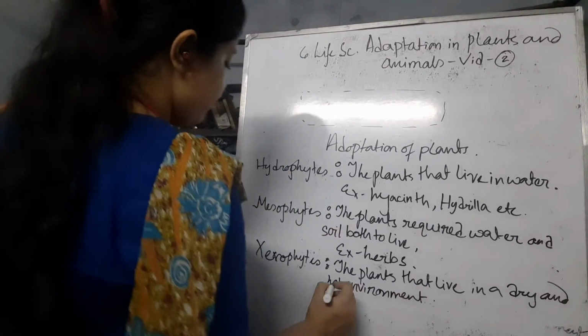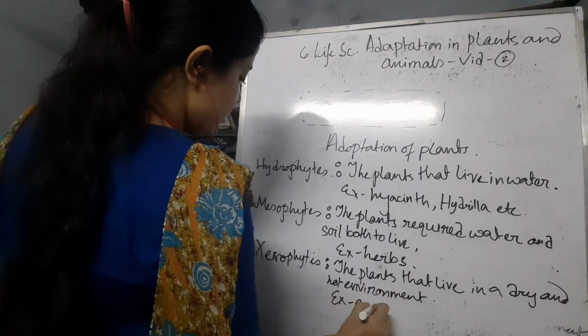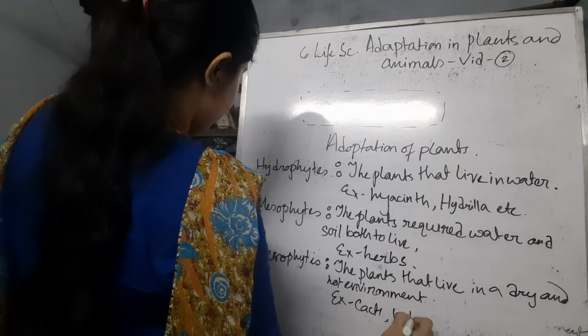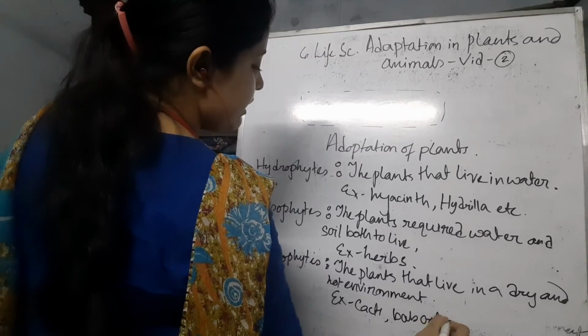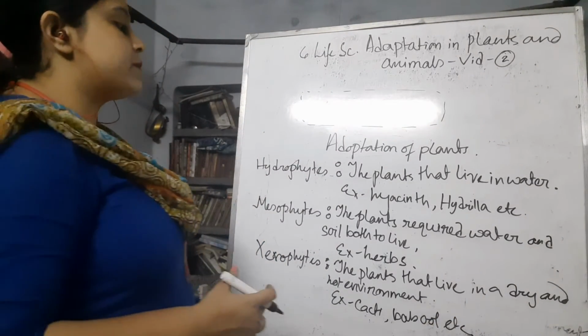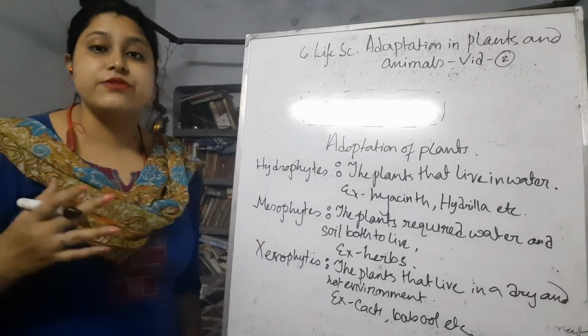Examples can be cacti or cactus, babul, etc. So this is all about that. After that, we are going to discuss the different kinds of hydrophytes with pictures.